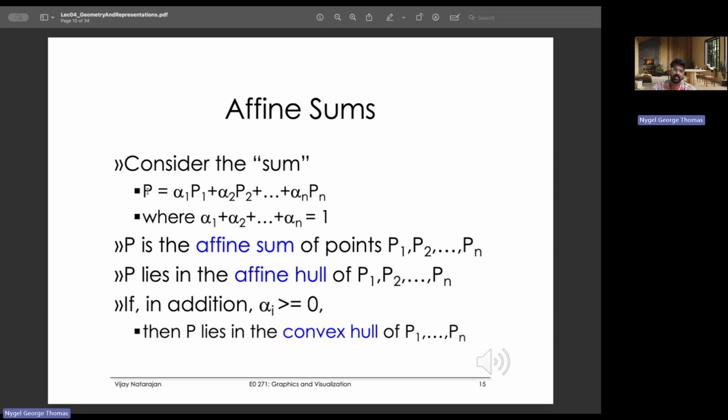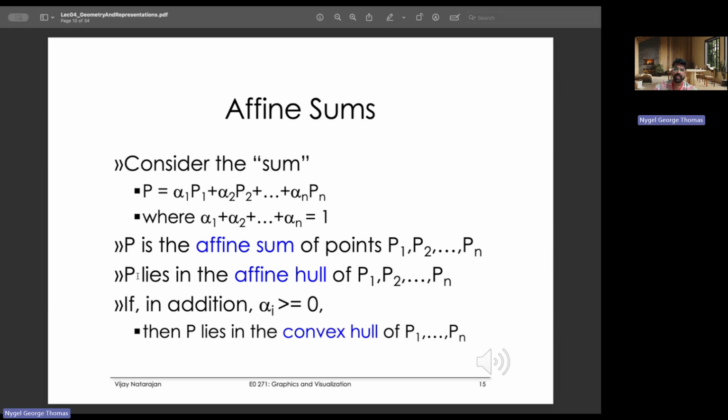Such sums are called affine sums. When we represent a point P as a sum of multiple points, alpha 1 times P1 plus alpha 2 times P2 and so on up to alpha n times Pn, where alpha 1 plus alpha 2 plus up to alpha n equals 1, then such sums are called affine sums. The sum of all the coefficients, the scalars which scale these points, add up to 1.